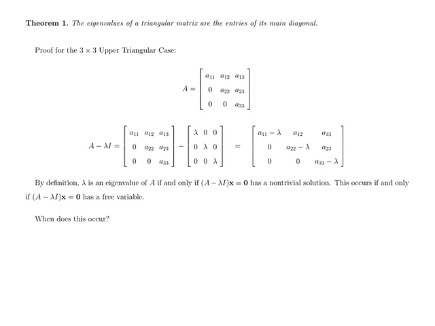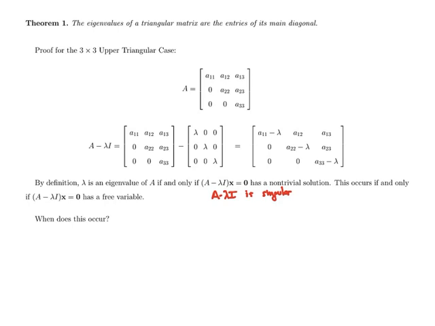And we can go back to the definition. We say that lambda is an eigenvalue of A if and only if A minus lambda I x equals 0 has a non-trivial solution. That means that A minus lambda I is a singular matrix. It's not invertible.